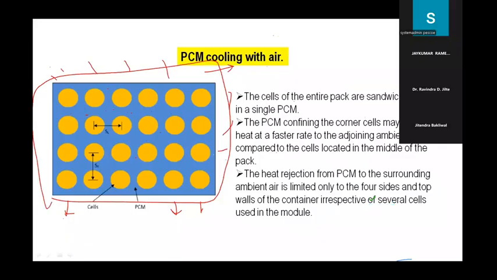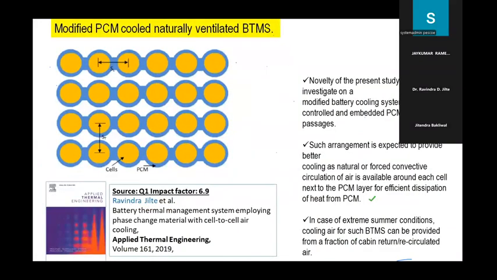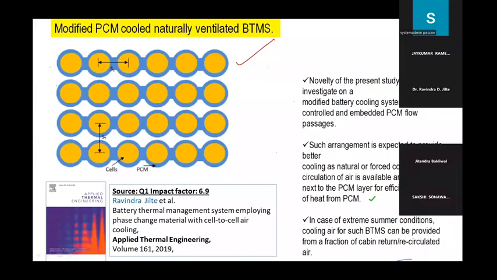If you utilize the first design, then it is possible to create passages wherein this blue is the PCM. The PCM can be stored. Now each battery is surrounded by the phase change material.